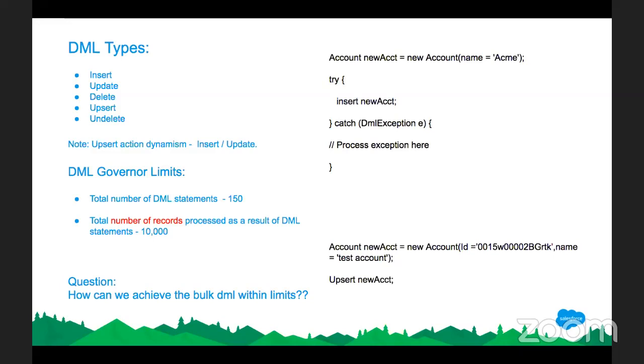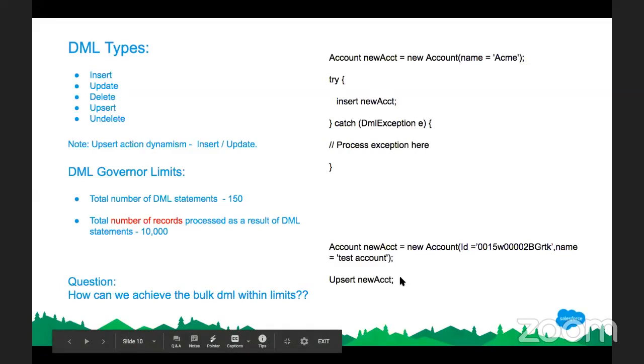For example, if you are defining the account ID, the unique identifier, the Salesforce unique record identifier is ID. And if you are mentioning the ID value in your account instance, it will be considered an update action.